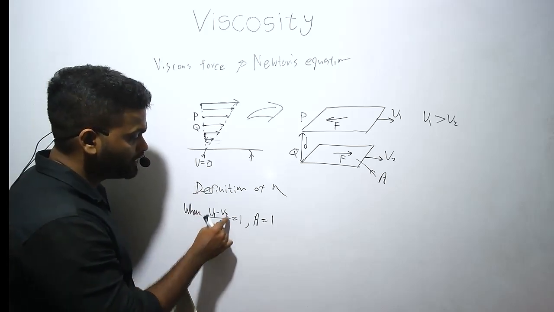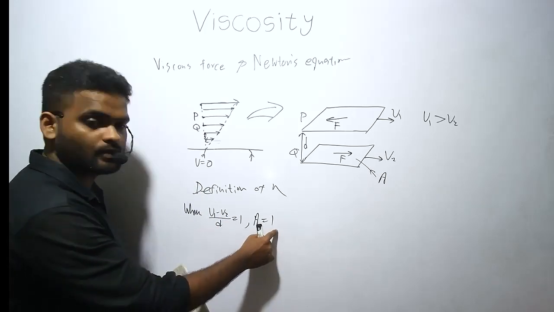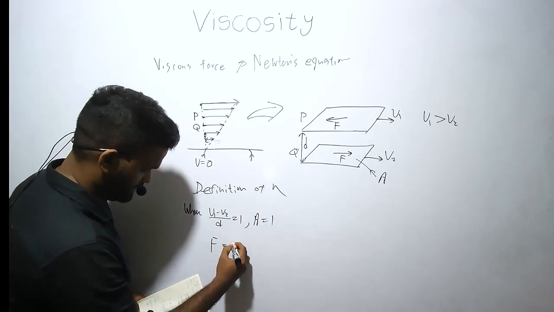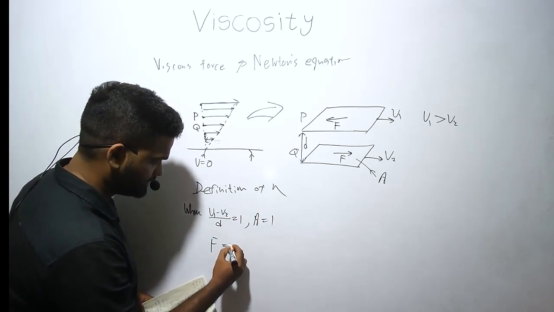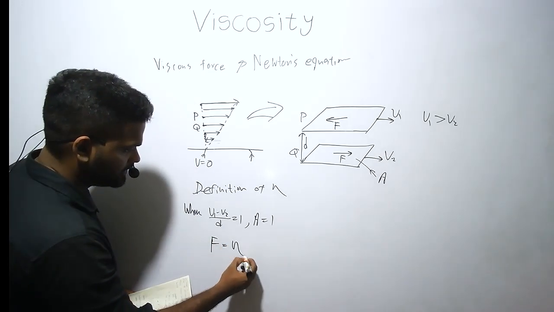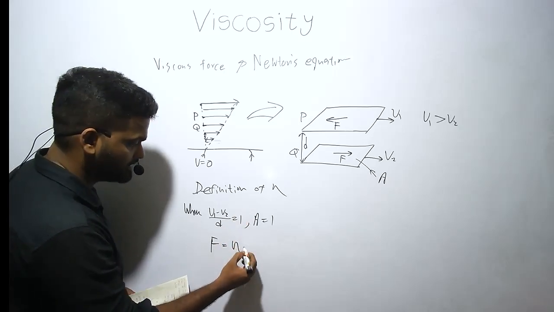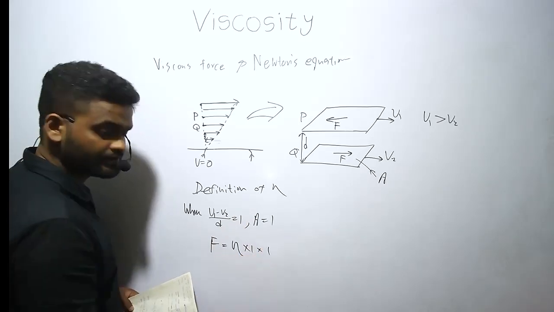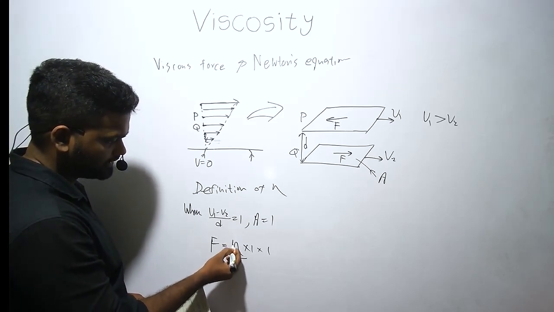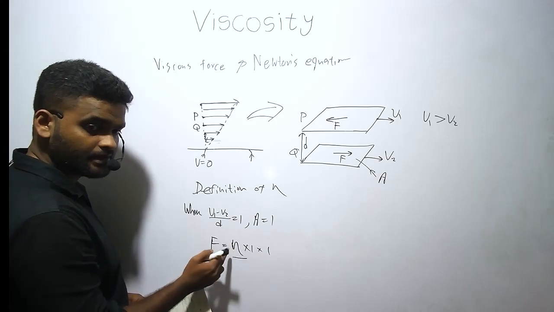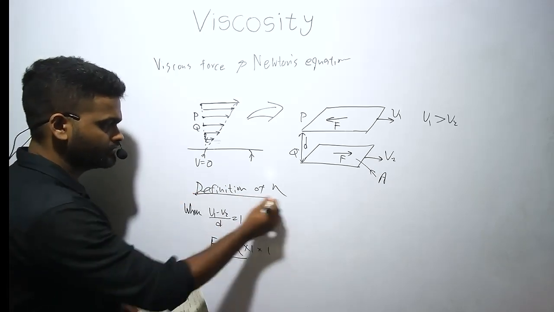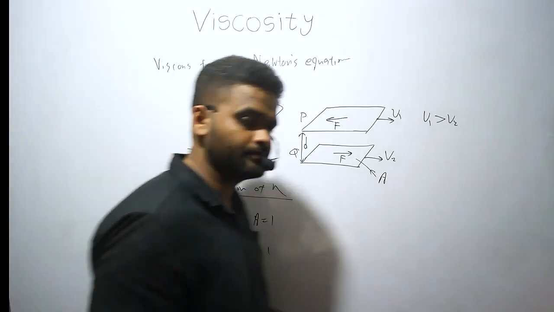If velocity gradient is 1 and A is 1, common area is 1, then just substitute these in the equation. So A is 1, velocity gradient also is 1. So under these cases, viscous force is what we call eta. Take this down. Definition of eta. Take this down quickly.